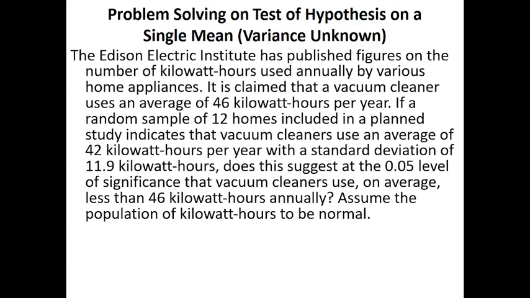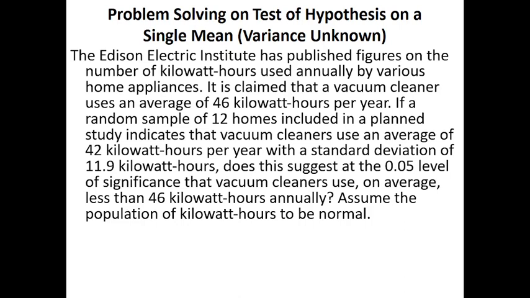If a random sample of 12 homes included in a planned study indicates that vacuum cleaners use an average of 42 kilowatt hours per year, with a standard deviation of 11.9 kilowatt hours, does this suggest, at the 0.05 level of significance, that vacuum cleaners use an average less than 46 kilowatt hours annually? Assume the population of kilowatt hours to be normal, meaning normally distributed.